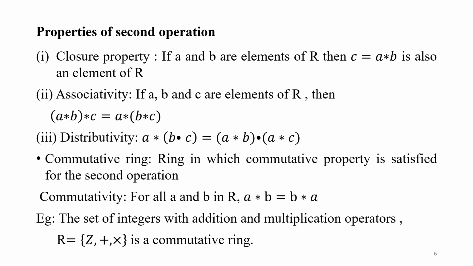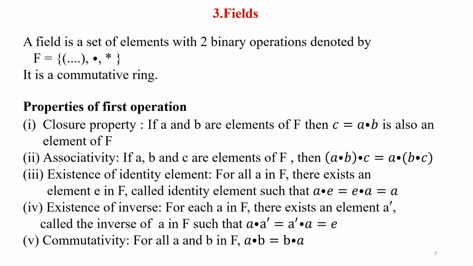Commutative ring: a ring in which the commutative property is satisfied for the second operation. Example, the set of integers with the addition and the multiplication operators is a commutative ring. Fields. A field is a set of elements with two binary operations denoted by dot and star. It is a commutative ring.